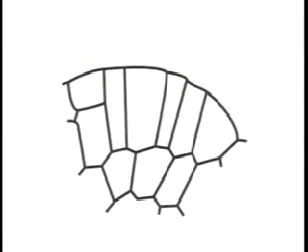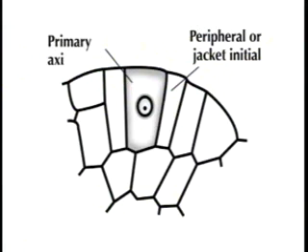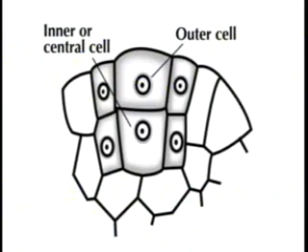The primary archegonial cell divides by 3 vertical walls which intersect each other, forming 3 peripheral cells enclosing an inner axial cell. The axial cell divides transversely into an outer and an inner cell.